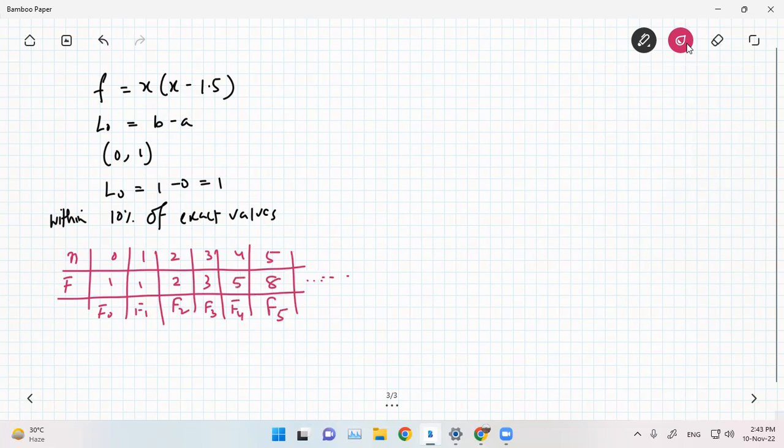So we know that the exact value criterion is given: Ln by 2 by L0 has to be less or equal to 0.1. So Ln by L0 is 1 by Fn. So half into 1 by Fn has to be less or equal to 0.1.